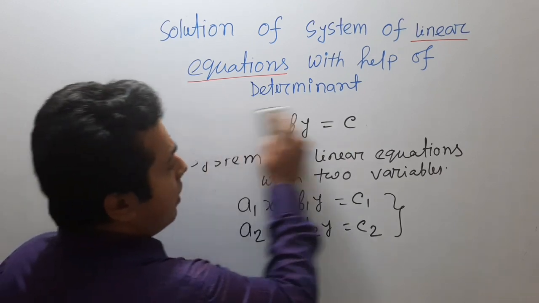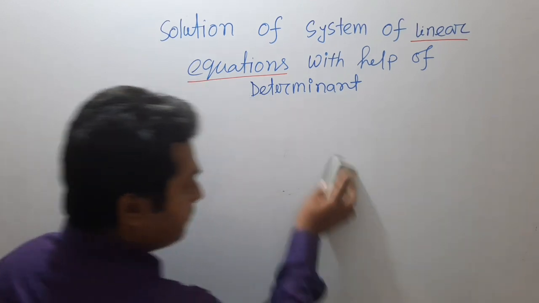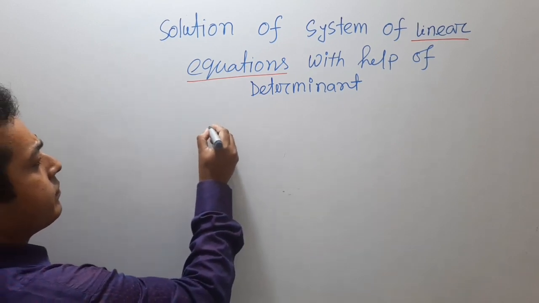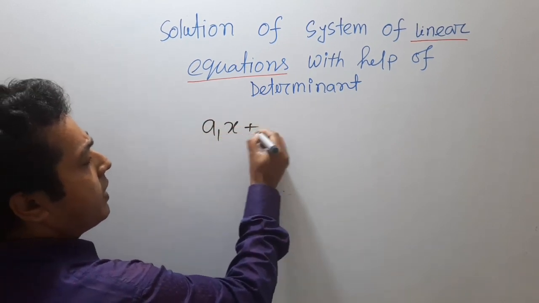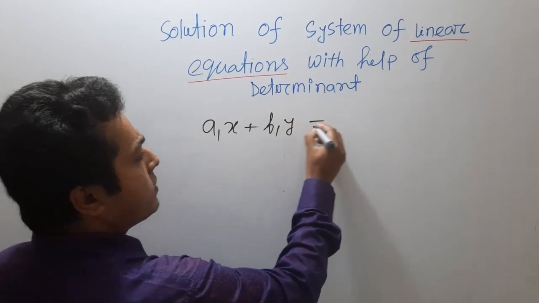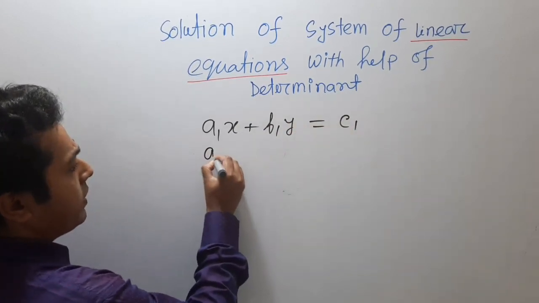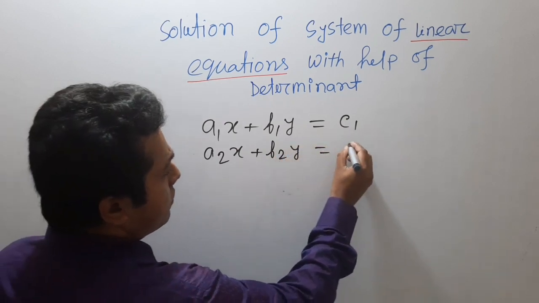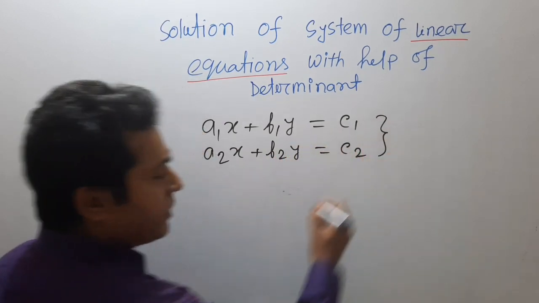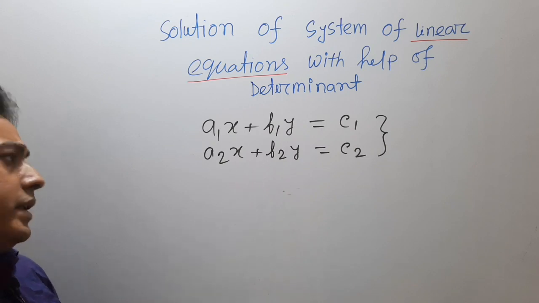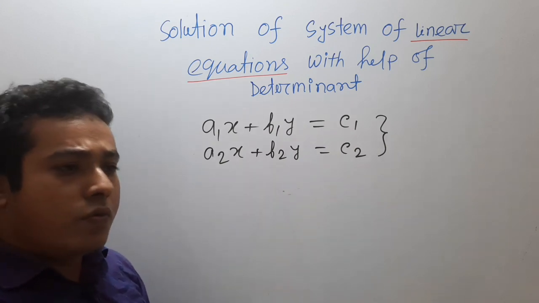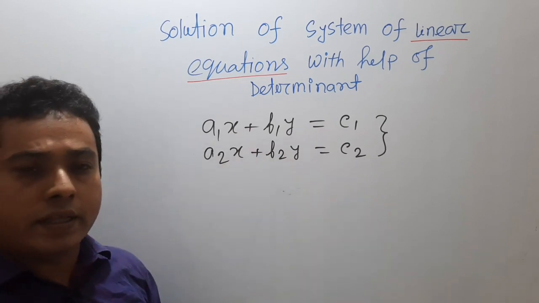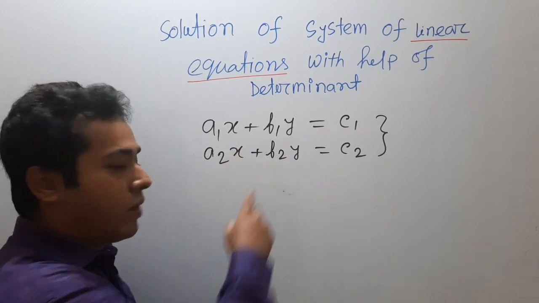At first, the two equations are a1x plus b1y is equal to c1, and a2x plus b2y is equal to c2. This is the system of equations of two variables. Now we want to discuss the solution of this equation, that means the value of x and y.